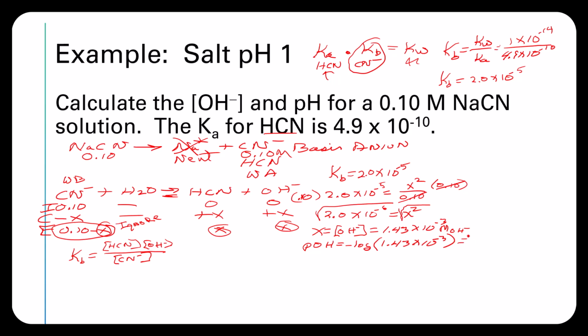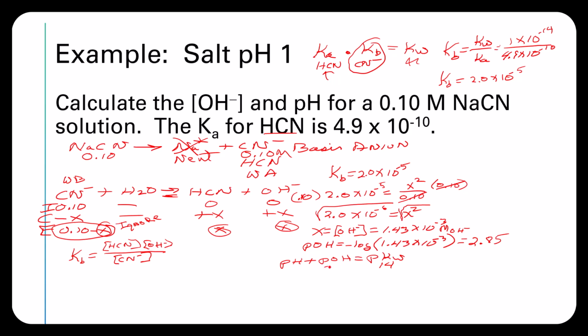So when I take the negative log, I get 2.85. And to get the pH, I use this equation: pH plus pOH is equal to pKw. And we know at 25 degrees Celsius, pKw is 14.